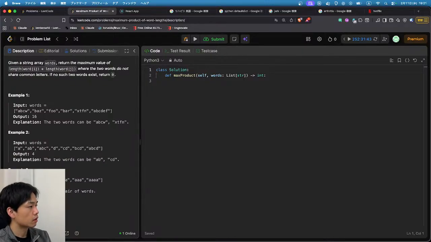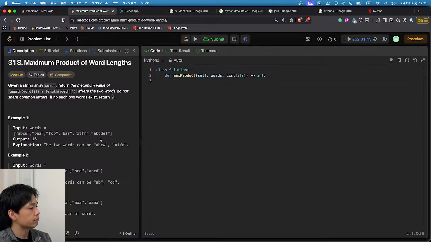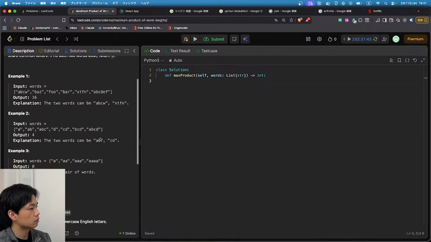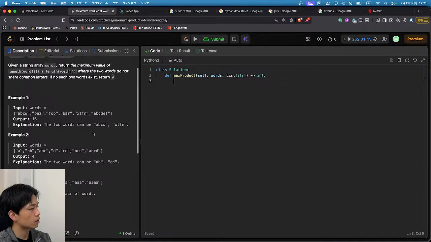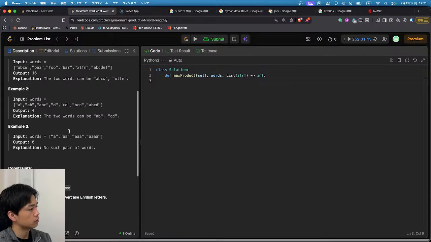So the most simple solution is to check all the combinations for each word.